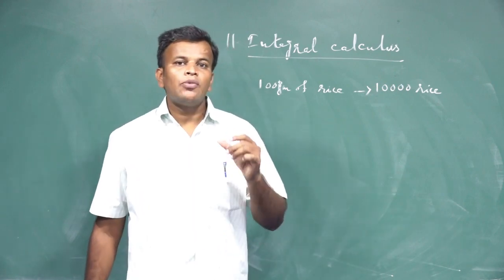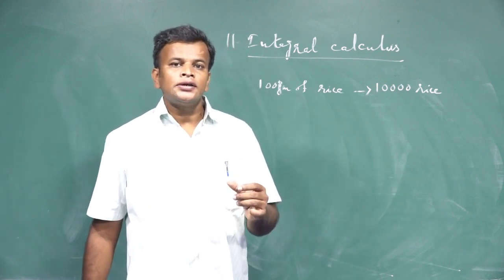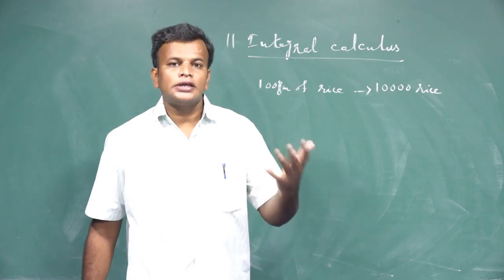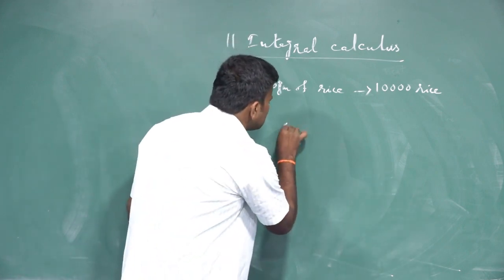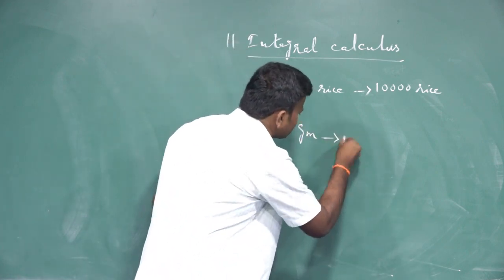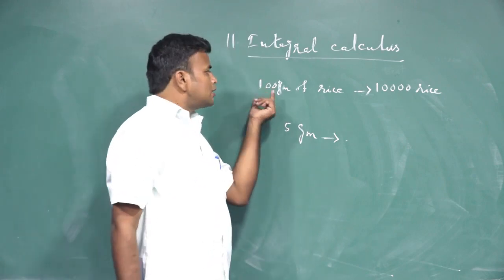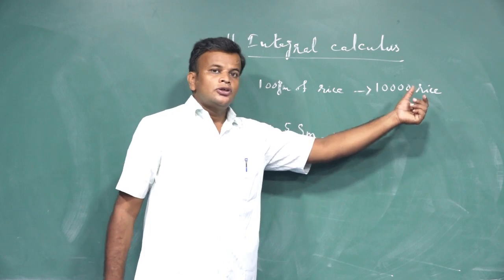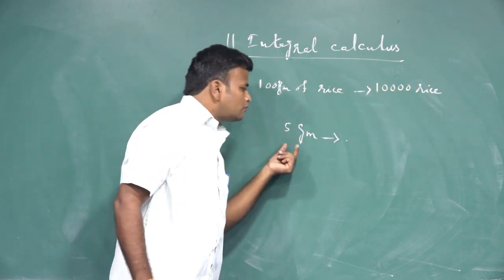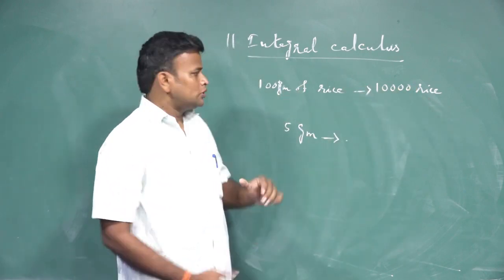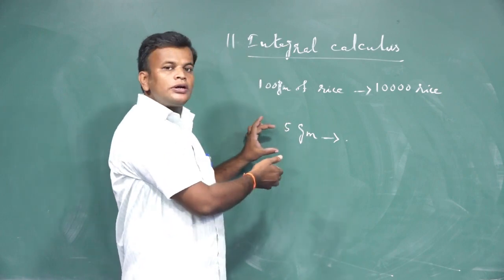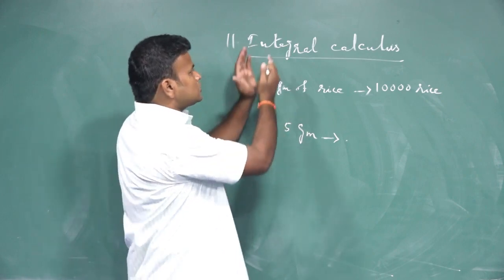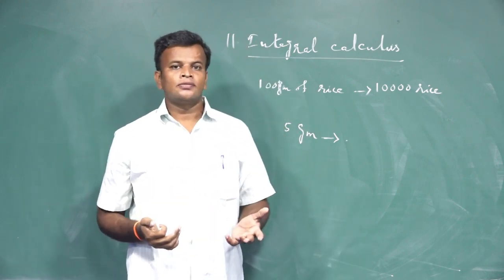Then what is the number of rices in 5 gram or 10 gram? So one big quantity, 100 gram of rice, you know very well, 10,000. Using this 100 gram to find the 5 grams. So the big quantity is known, to find the small quantity. For this purpose, integration is used.